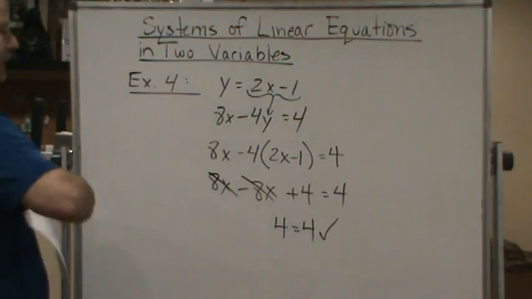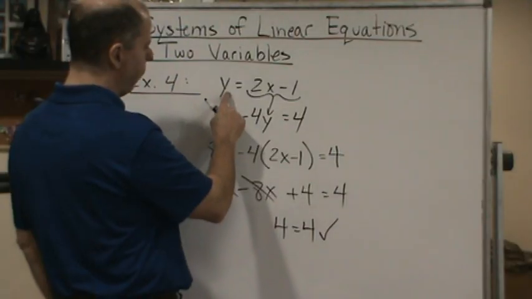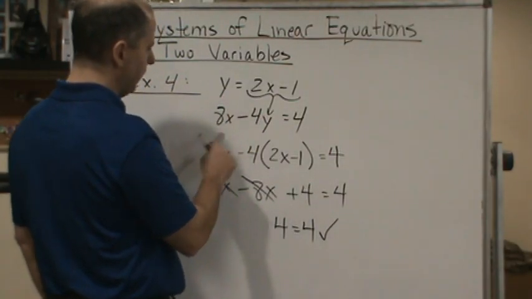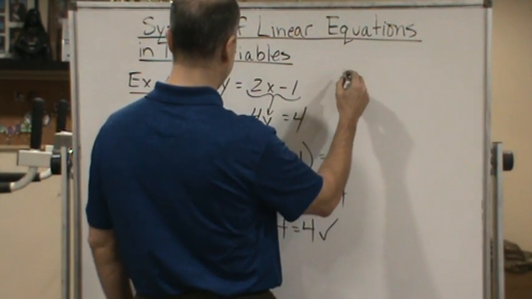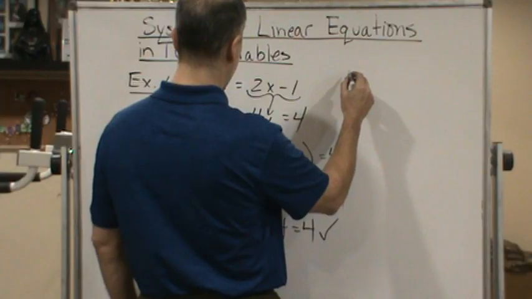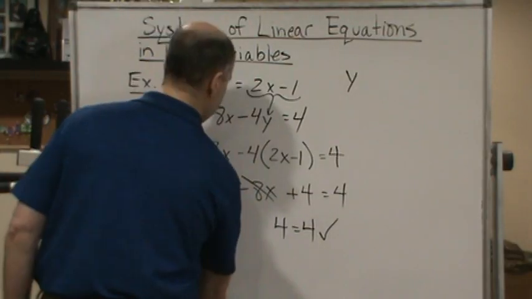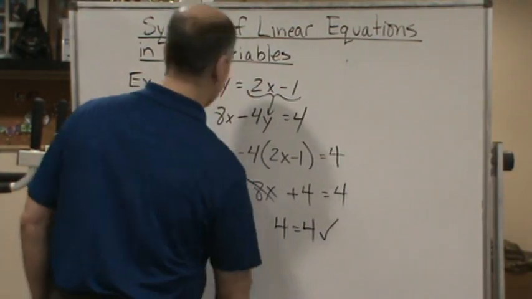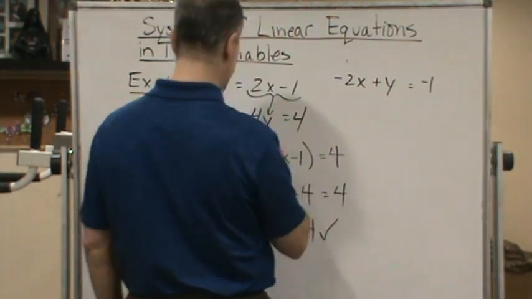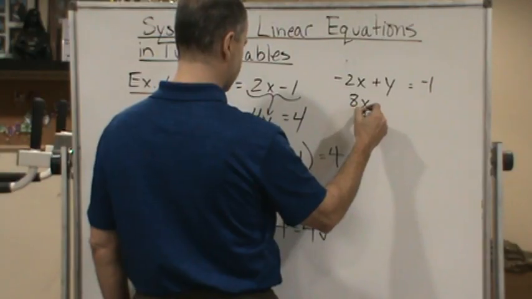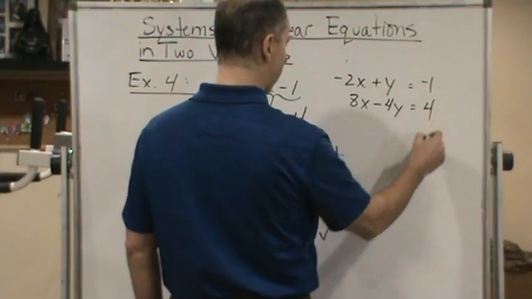Okay, so how would I write this solution set? Well, let's write this in standard form: negative 2x plus y is equal to negative 1, and then this one was 8x minus 4y is equal to 4.